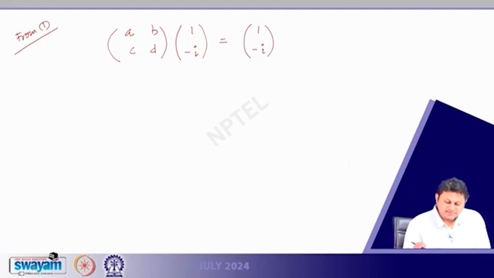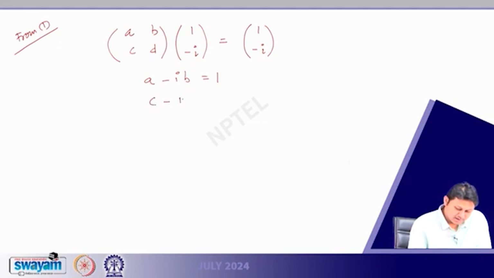From this I get algebraic equations: A minus iB is equal to 1 and C minus iD is equal to minus i. This set of equations I write as 3.